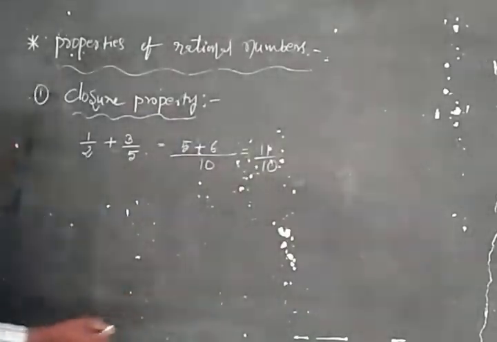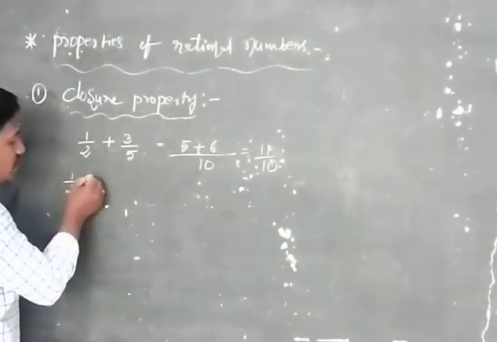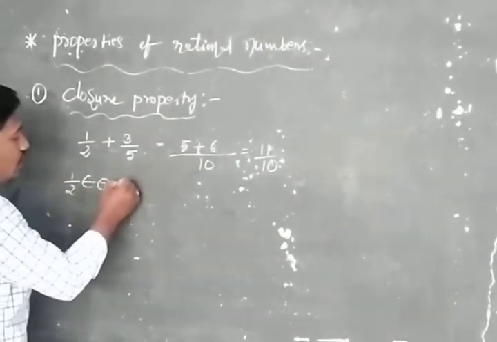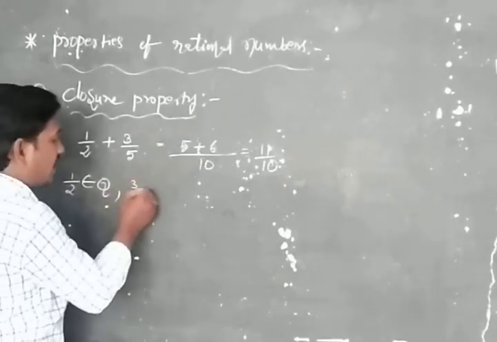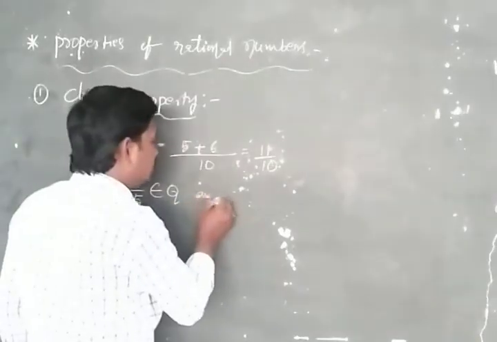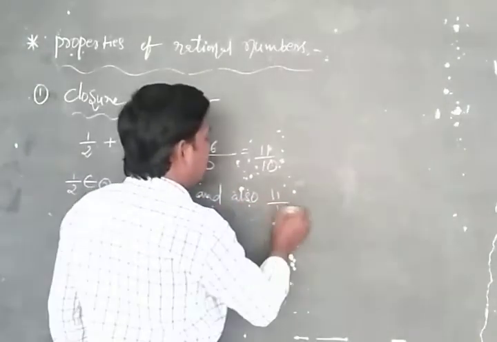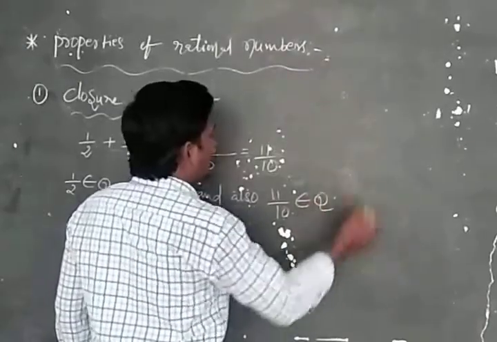Rational numbers are denoted by Q. So 1 by 2 belongs to Q, 3 by 5 belongs to Q, and 11 by 10 belongs to Q.